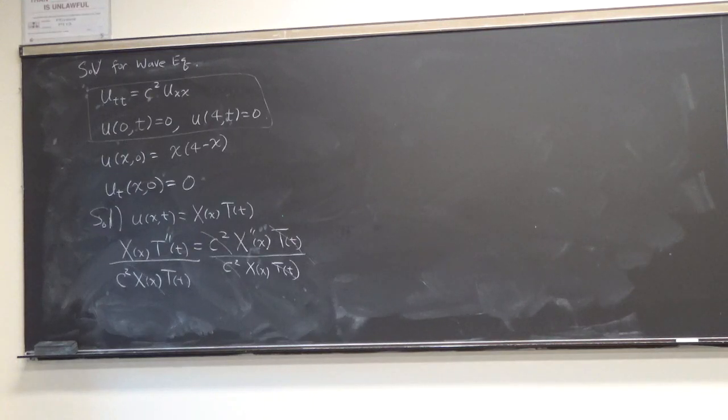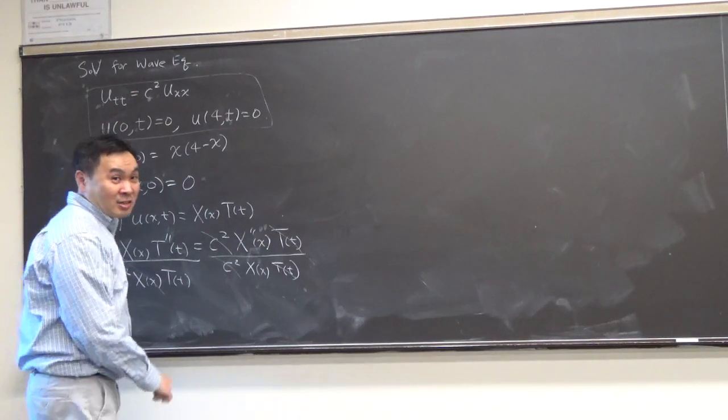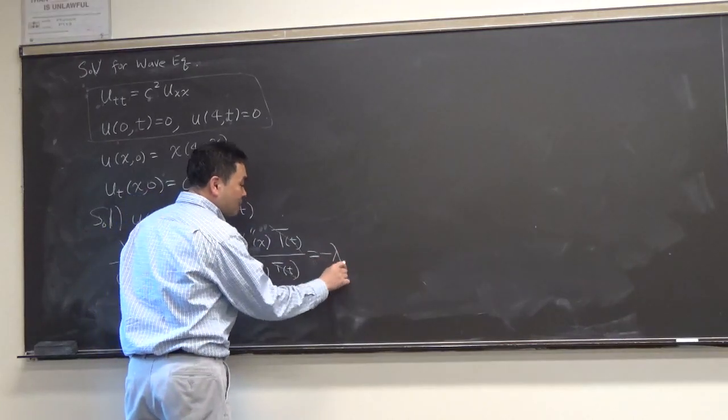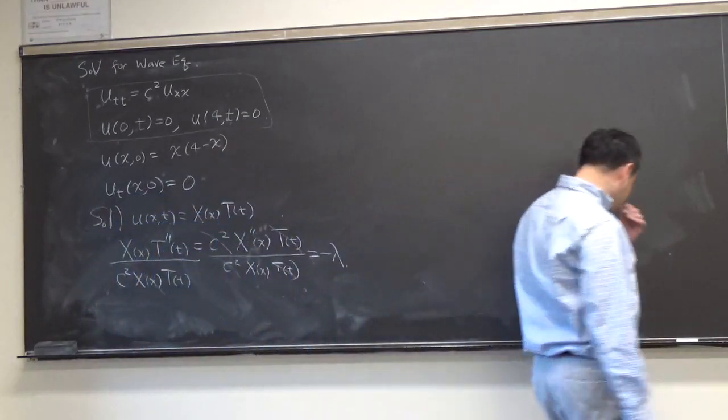When can that happen? The only way that could happen is if they are equal to a constant. We decide to call that constant negative lambda.